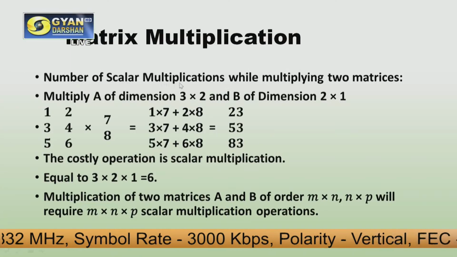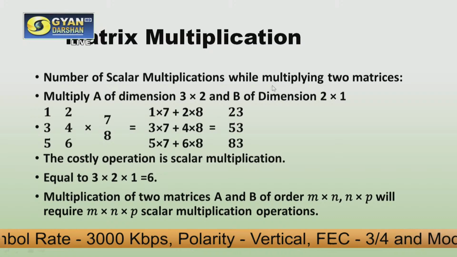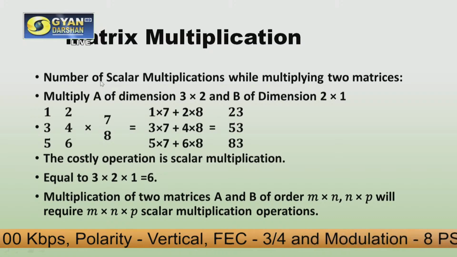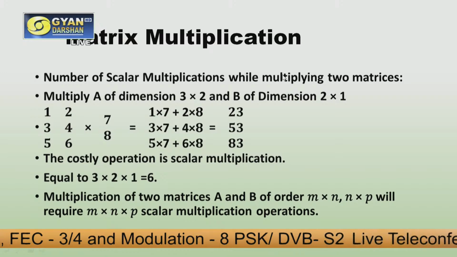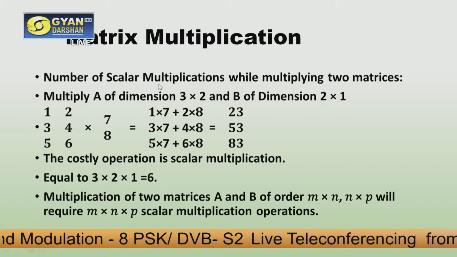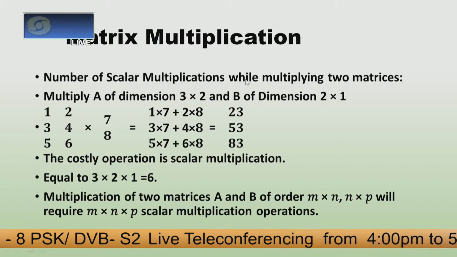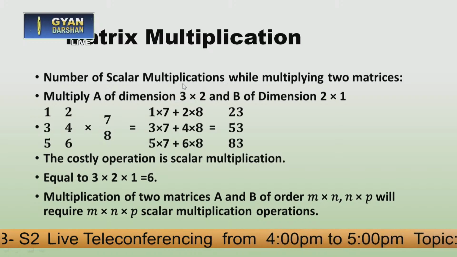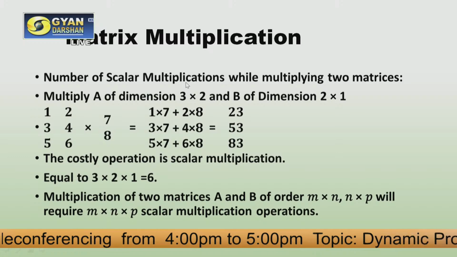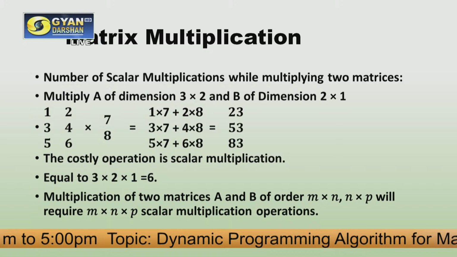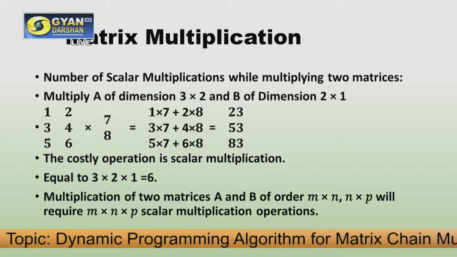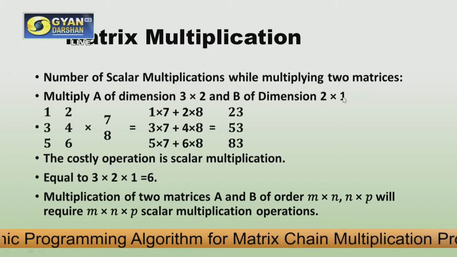The number of scalar multiplications while multiplying two matrices is a very, very important term. This is what we use in defining the complexity. It is the costliest operation as far as matrix multiplication is concerned. So the number of multiplications is the defining property.